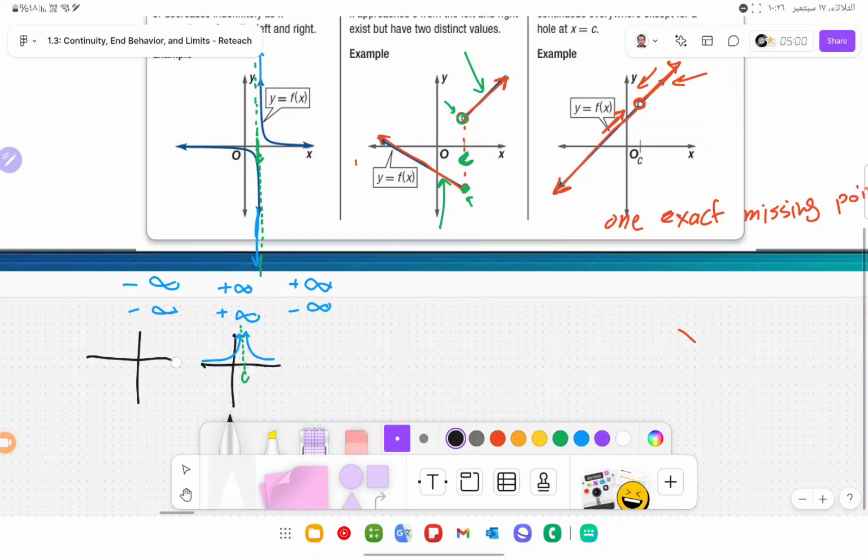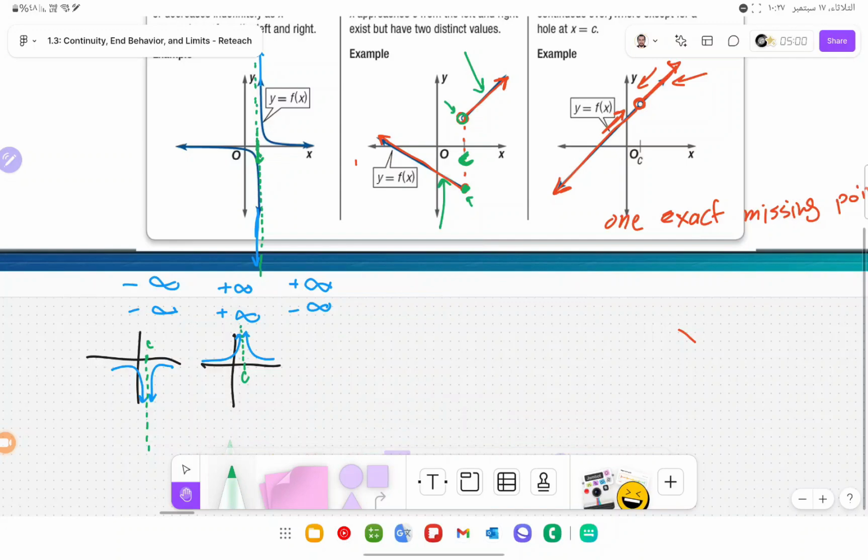Both of them will go on forever at the point C. Here, both of them will be negative. I hope you now understand the different types of discontinuity.